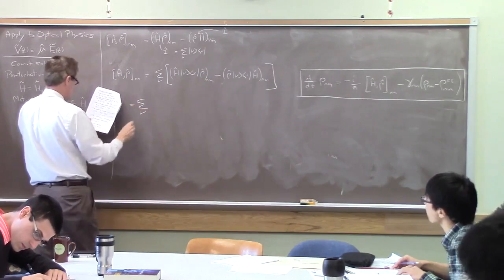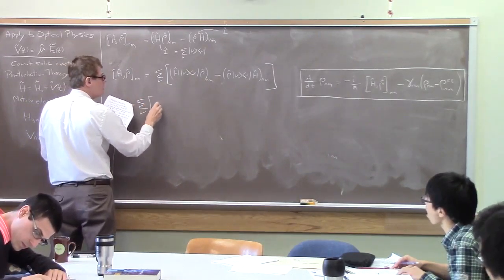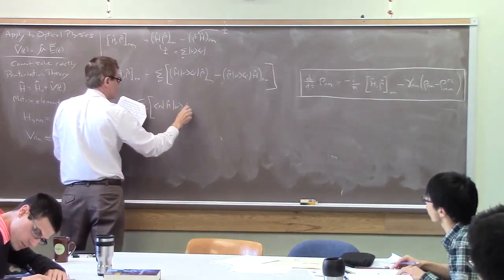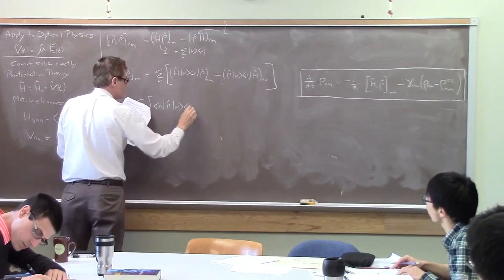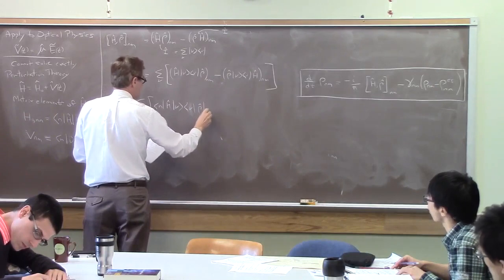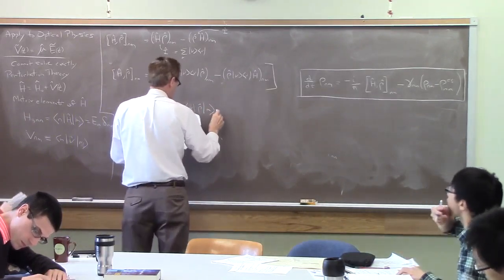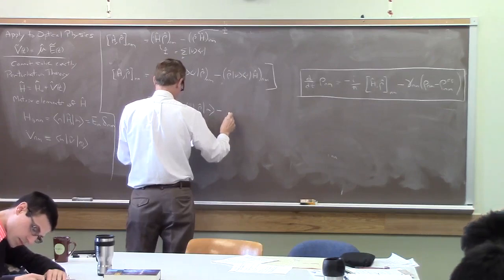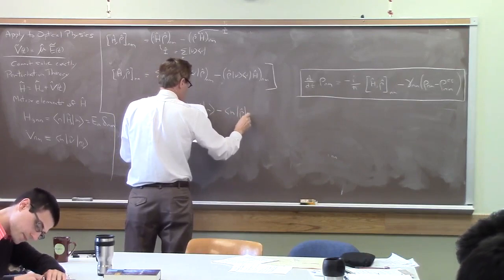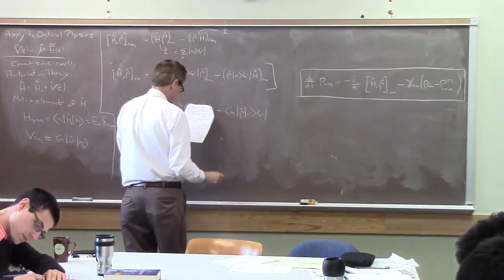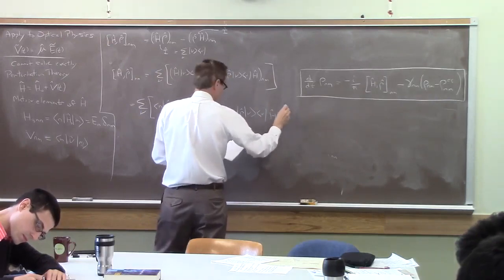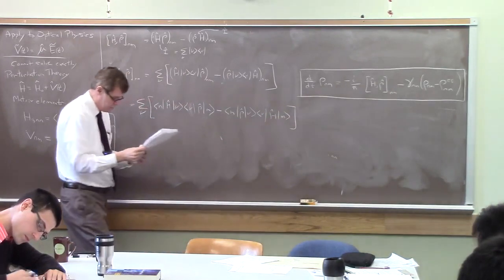So this is the sum over nu of <N|H|nu><nu|rho|M> minus <N|rho|nu><nu|H|M>.